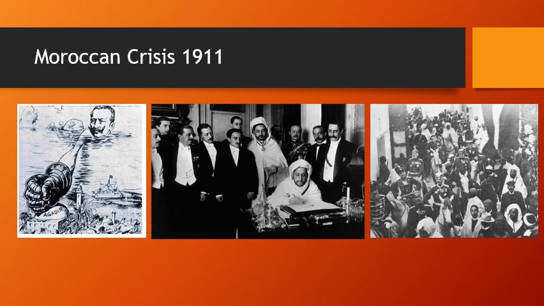Morocco crisis, it's a long chain of events, but we will reflect upon 1911. There was a common understanding between the great powers to respect each other's economic interests, while politically the French were controlling Morocco.